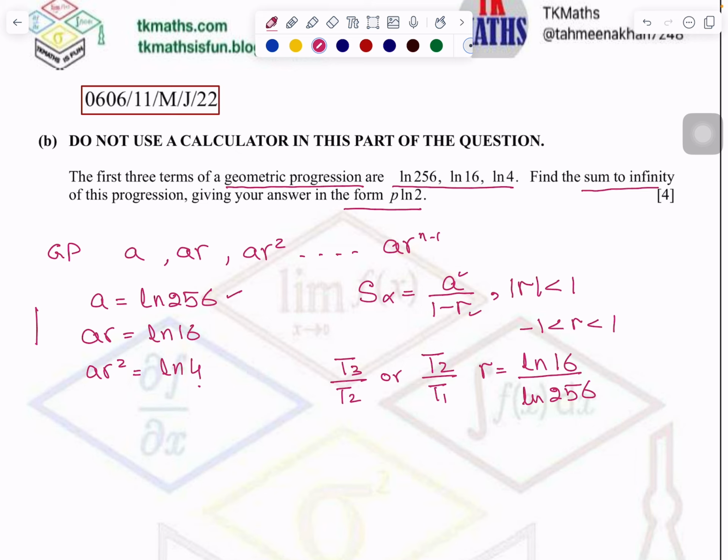Now I have to see, the hint is also here, ln 4 is the least, or it could be ln 2. What do I mean by this? These are different, 16 and 256. So I'm trying to bring them in the same order. I know 16 can be written as 4 square and 256 can be written as 4 power 4. So what I can do here, I can write ln 4 square divided by ln 4 power 4. What comes after this?